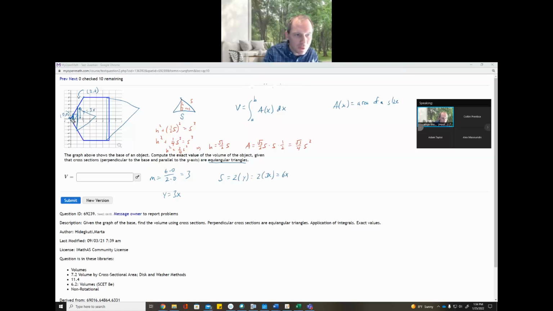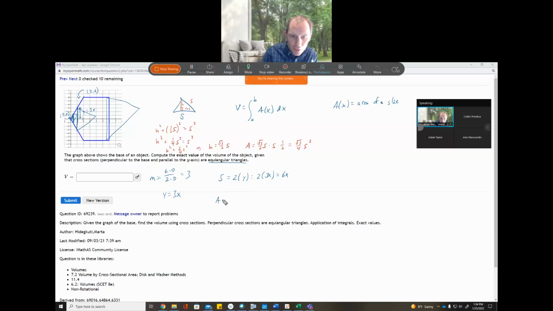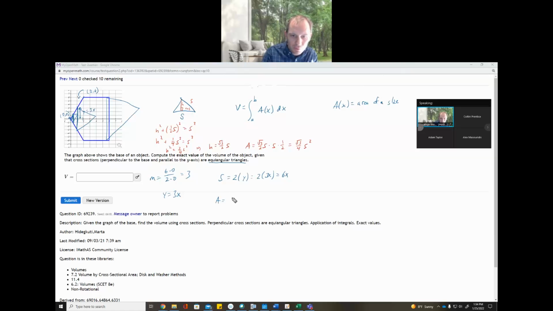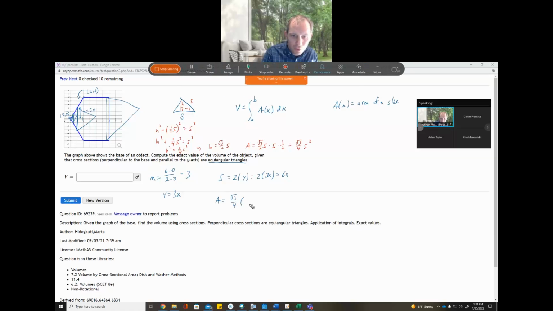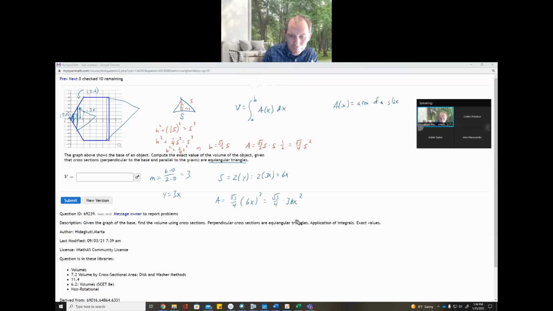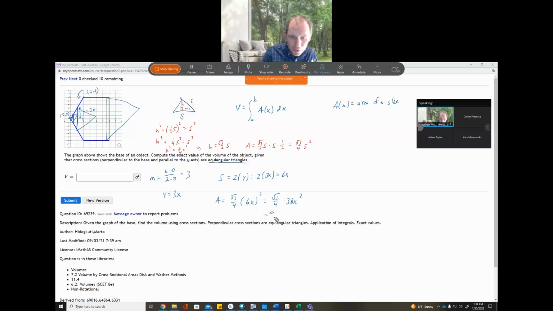So at least between 0 and 2, this gives me a function for what S is, and I can plug that in. So area now as a function of x is root 3 over 4 times 6x squared. And I'm going to simplify this a little bit. 36 divided by 4, we can simplify down.